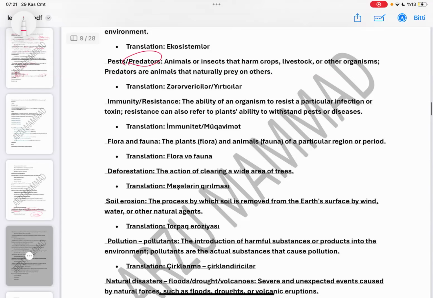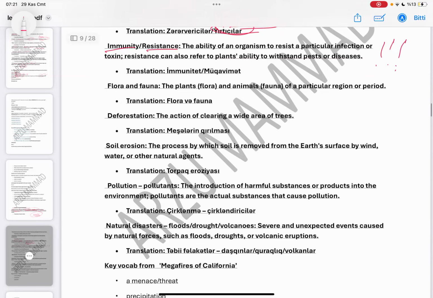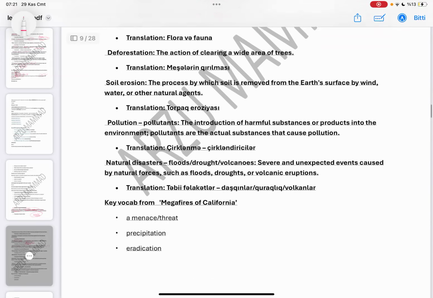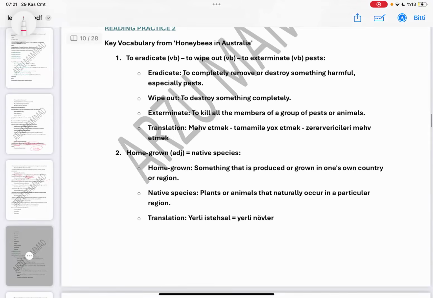Pests, predator, animals like that kill others or prey on others. Yeah, kill others. Okay, so this is a translation. Immunity, resistance, they are the synonyms of each other. Okay, remember it. They always replace these ones. You know these ones most probably. Nothing difficult here. Eradicate, wipe out, and eliminate.